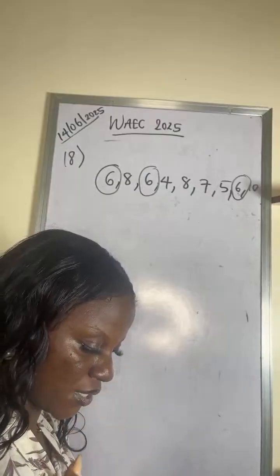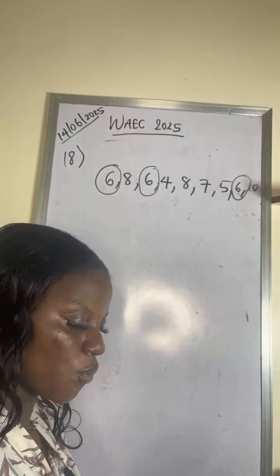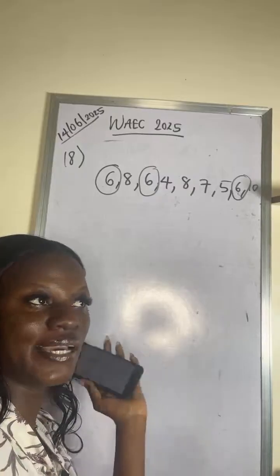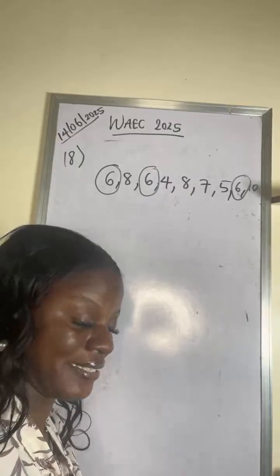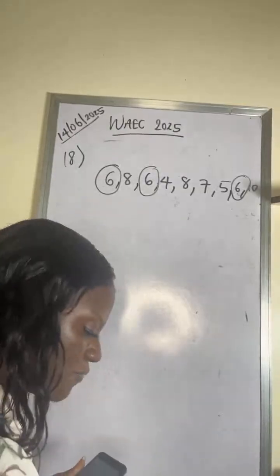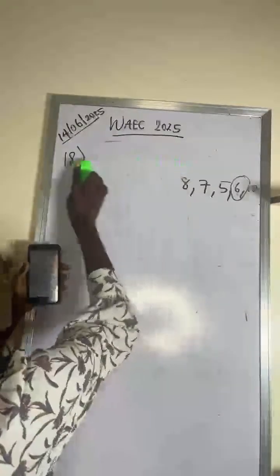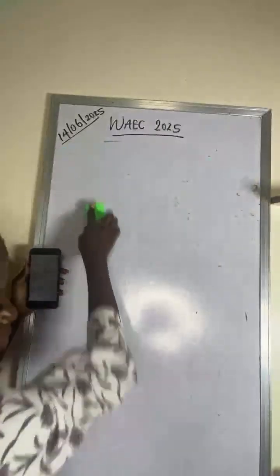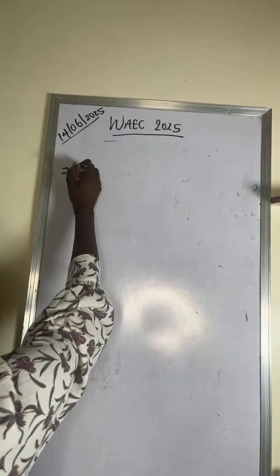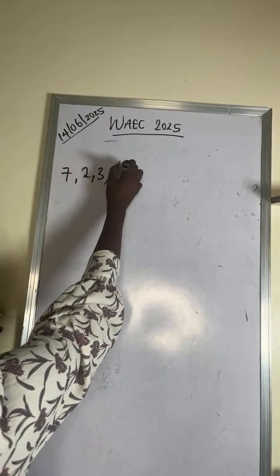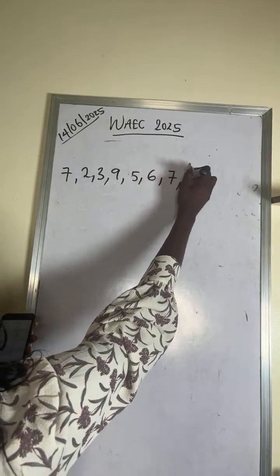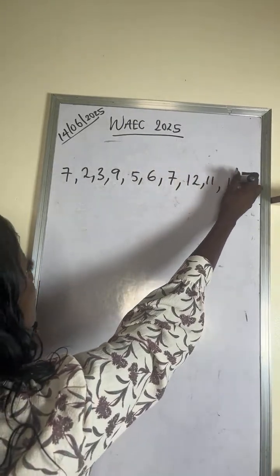If we cannot find more questions, now I'm getting an idea of the topics I should be taking. So when you are asked to find the range of a set of numbers, what they mean is take the highest number given to you from that data and subtract the smallest number from it. Let me write it so it can make sense. So we're asked to find the range of these numbers: 7, 2, 3, 9, 5, 6, 7, 12, 11, 17.